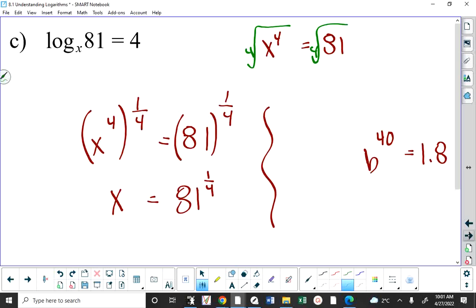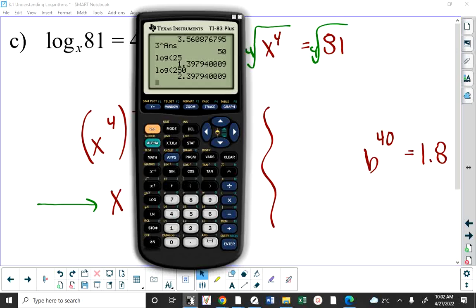So the concept of a root kind of breaks down. I think this is the best way to go. And then you can take 81 raised to the quarter on your calculator. Of course, when you do that, you either have to put 1 divided by 4 in brackets or raise it to the 0.25.